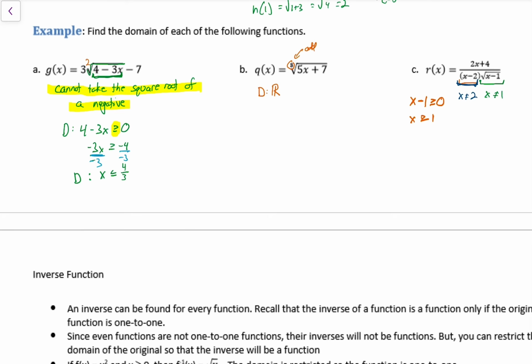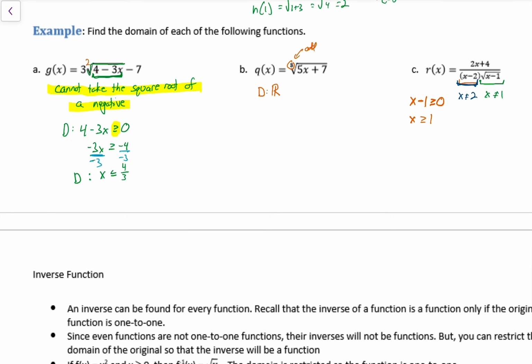And what we want to do is combine these different things. So x has to be greater than, I'm going to rewrite our sign here, x has to be greater than or equal to 1 because of the radical. x can't be 2 and x can't equal 1. x can be anything else besides those as long as they fit that.